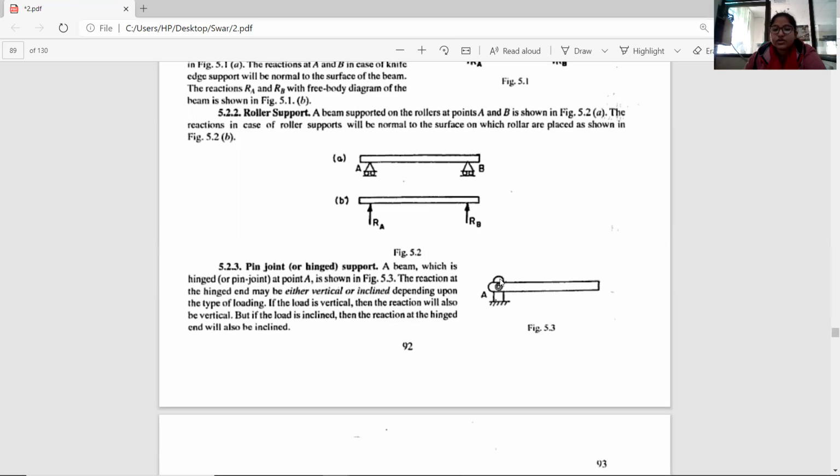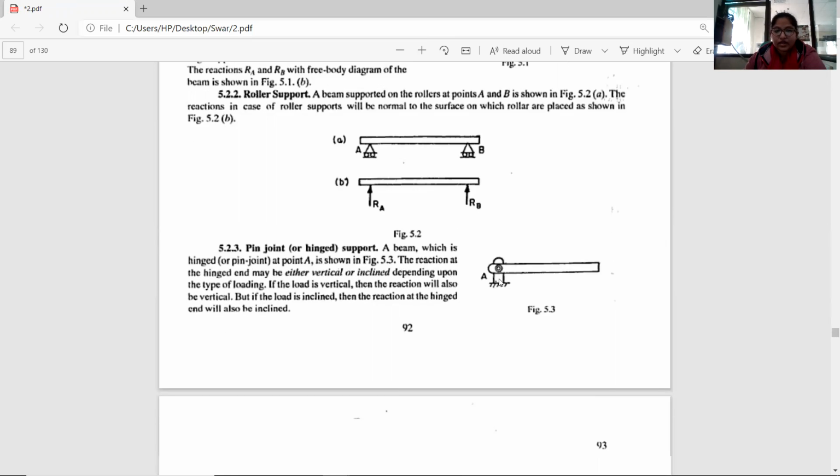So if the load is vertical, then the reaction will also be vertical. But if the load is inclined, then the reaction at the hinge will also be inclined.